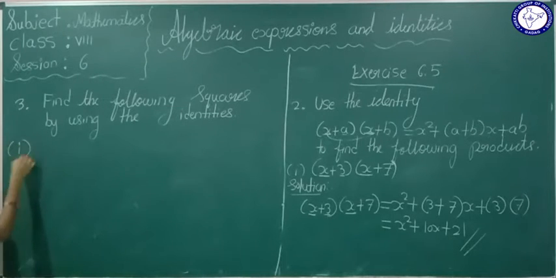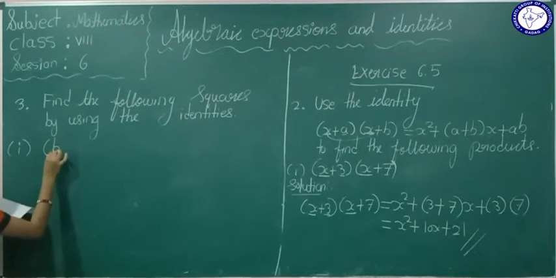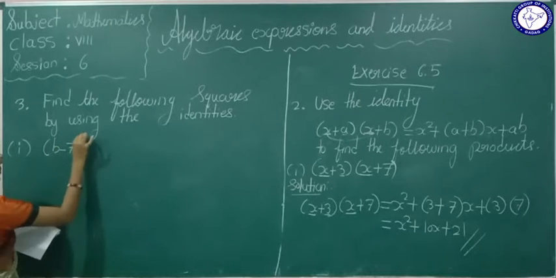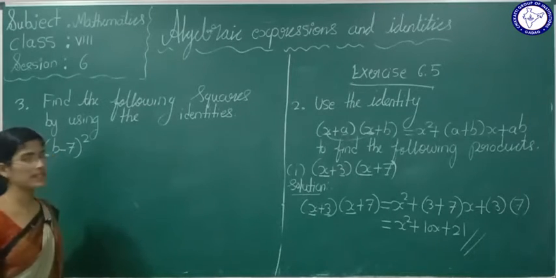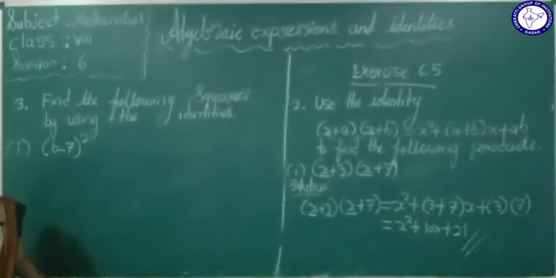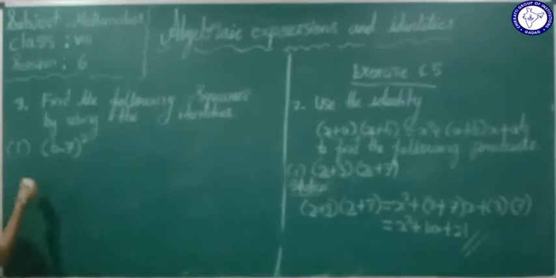Now see, first one, (b - 7)². By using the identity we have to find this. Now see the solution.